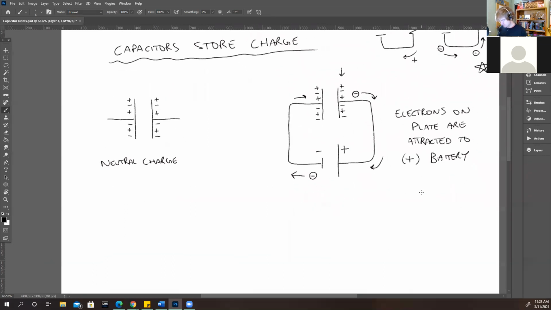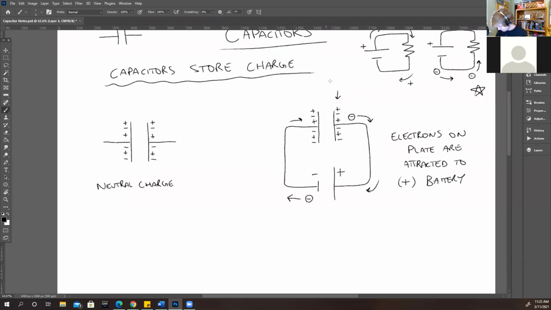Okay, so that's how and that's why there's this sort of flow, even though there's too many arrows, even though there's nothing connecting this circuit. It's not physically touching both sides.